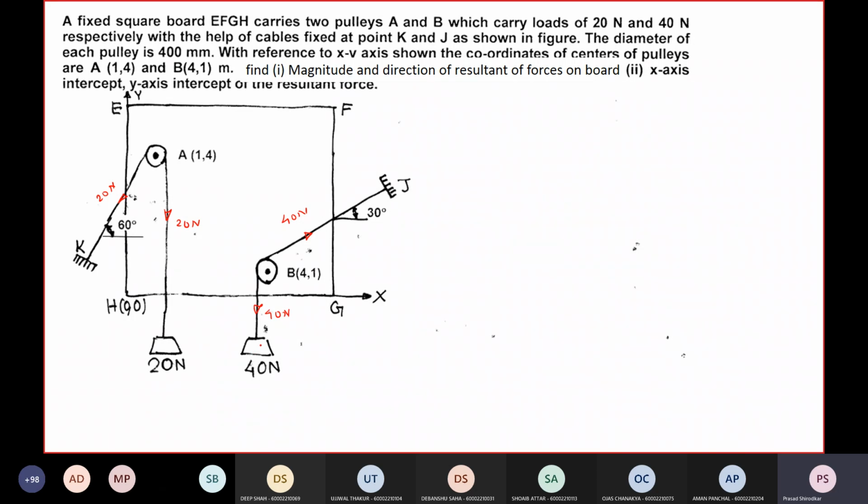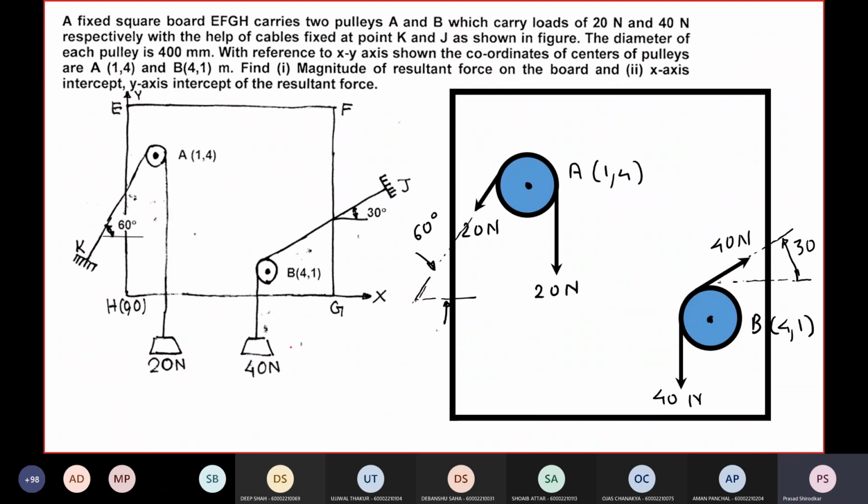So if I construct it, this is how it is going to look. I am going to remove this part and replace it with the forces. So A is 1 comma 4, B is 4 comma 1. And the angles made are 30 and 60.